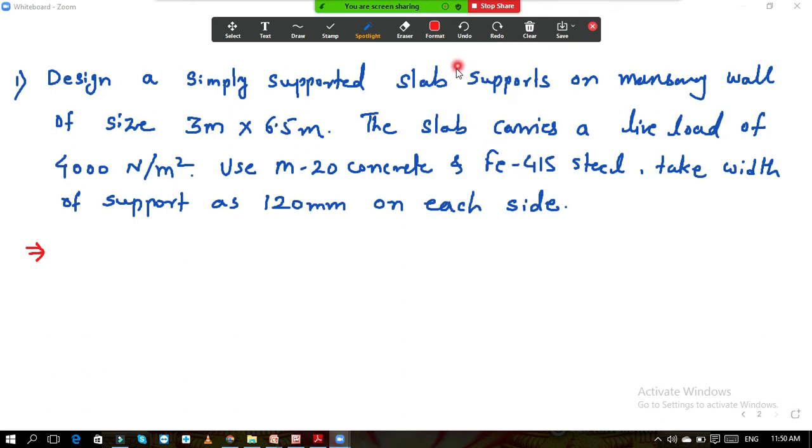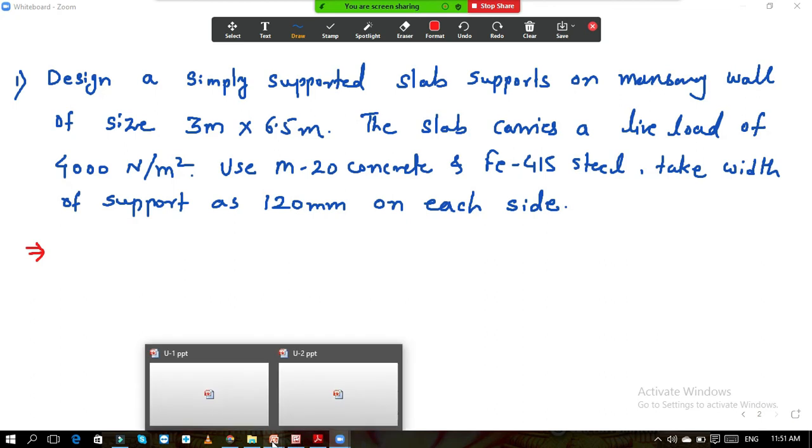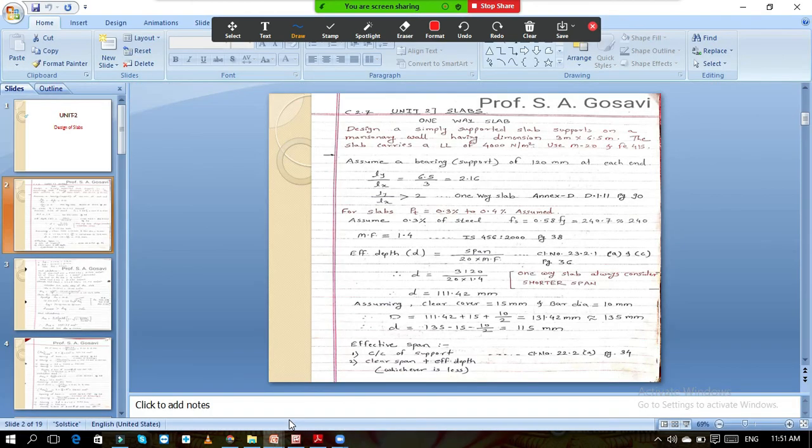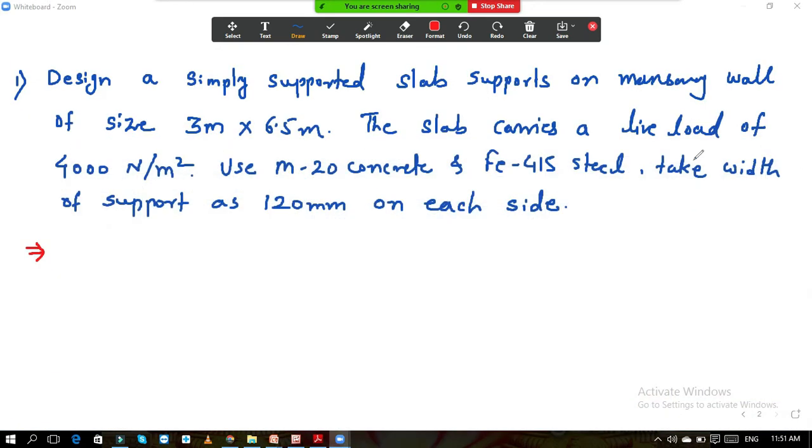Now first thing, when you come across the problem of this slab, first you need to decide whether it is one-way slab or whether it is two-way slab. Okay, this is your first thing. So to decide that it is one-way slab or two-way slab, what we will do? We will take the ratio of Ly by Lx.